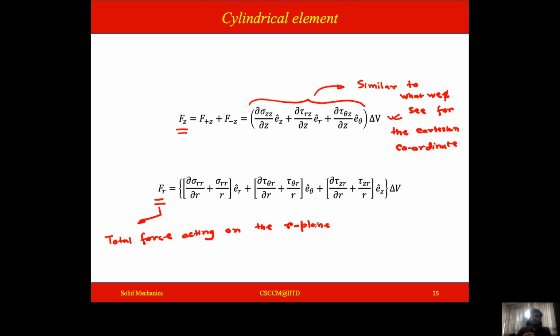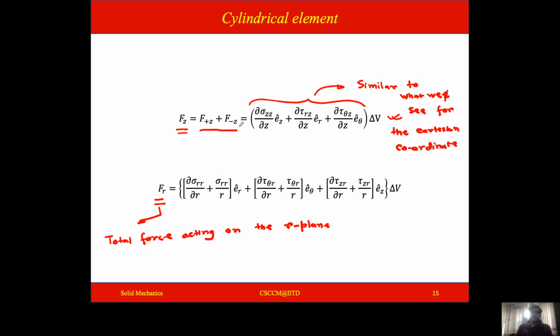This distinction between plane and direction is something you should be very careful about, because without it you may get confused. So this is the total resultant force that is acting on the R plane. Now, one thing you should be very clear about, and that is actually shown here: when I call it the total resultant force acting on the Z plane or on the R plane, I am actually talking about both the positive plane and the negative plane. So we are doing a summation of both.